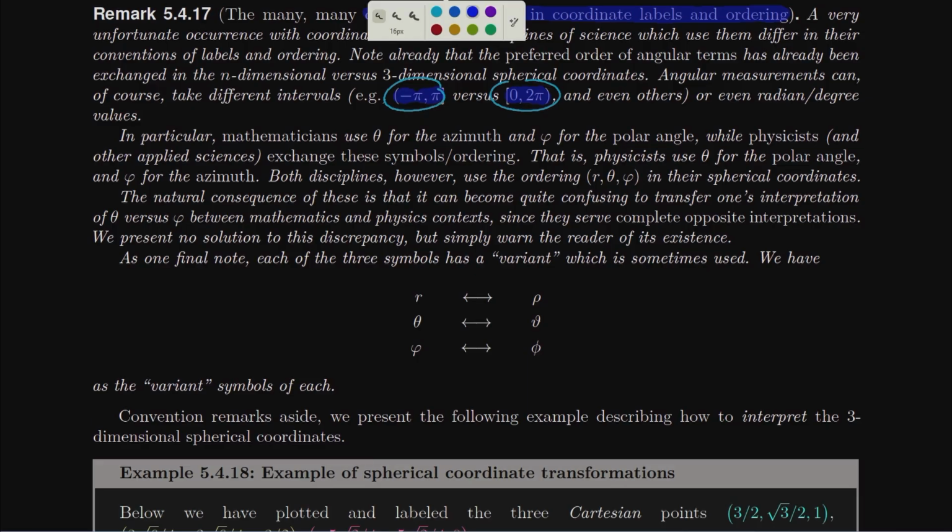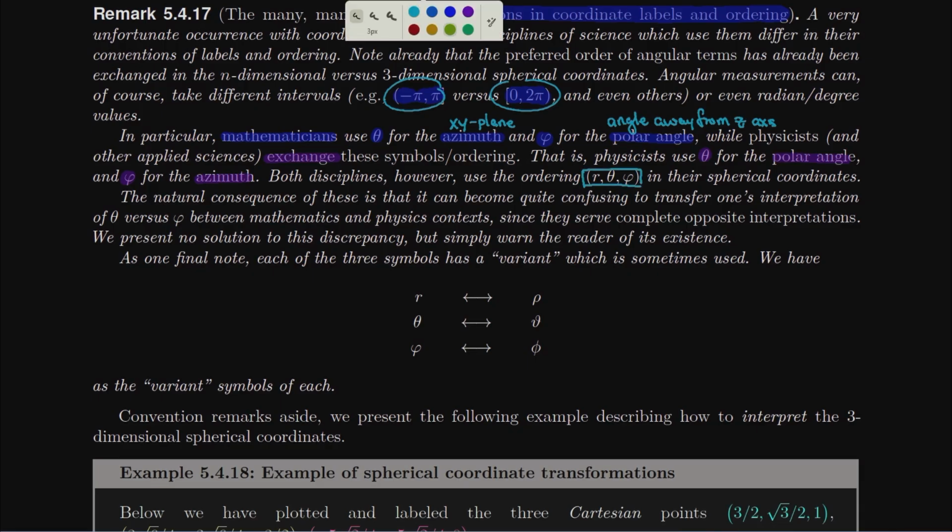And what's even more annoying is that mathematicians, so this is what I've presented, will use theta for the azimuth. And remember, the azimuth is this xy plane angle. And mathematicians will use phi for the polar angle, and recall that's the angle away from the z-axis. But physicists turn around and they say, no, thank you. I would like to exchange the two of those. They're going to use theta for the polar angle, and they're going to use phi for the azimuth. And both of us use the ordering r, theta, phi.